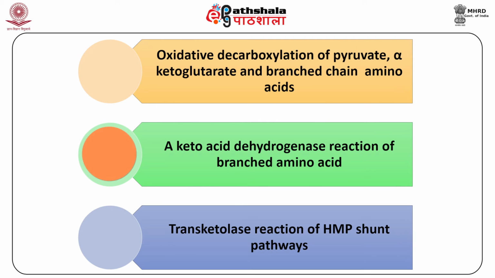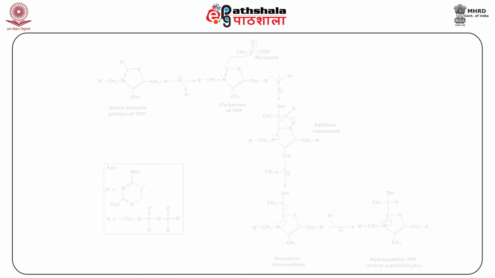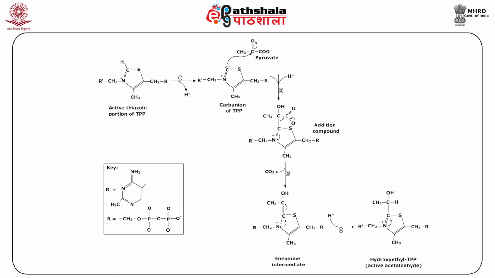Second one is the alpha keto acid dehydrogenase reaction of branched chain amino acids. Third is the transketolase reaction of the HMP shunt pathway. Thiamine pyrophosphate is the coenzyme for all decarboxylations of alpha keto acids. The mechanism shown in the figure for pyruvate decarboxylation is involved in all of these reactions.